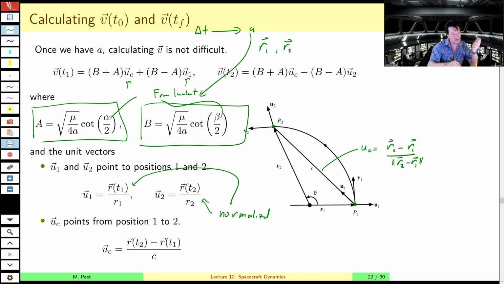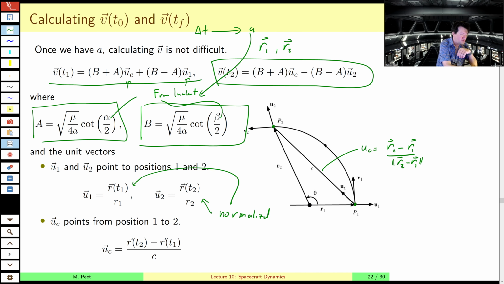So that gives you the velocity vectors at both time 1 and time 2. In particular, the velocity vector at time 1 is, of course, slightly more valuable because that's going to give you your delta t, which we'll talk about on the next slide. But a very convenient, very closed form solution for the velocities at those 2 points.